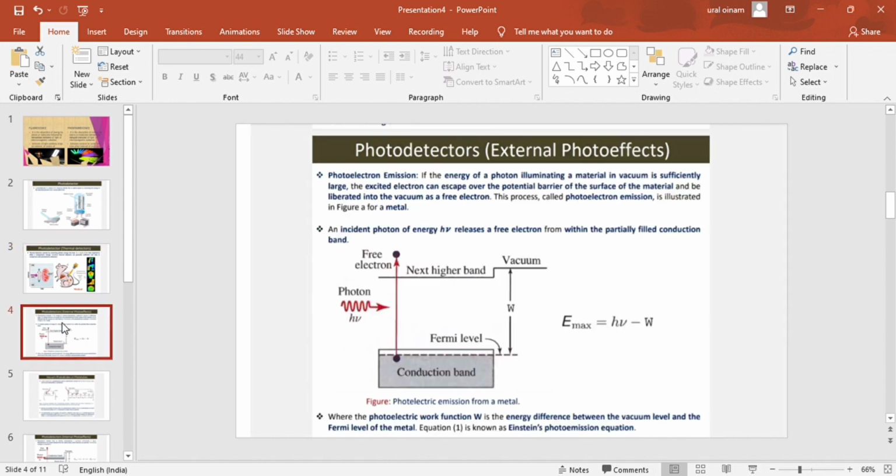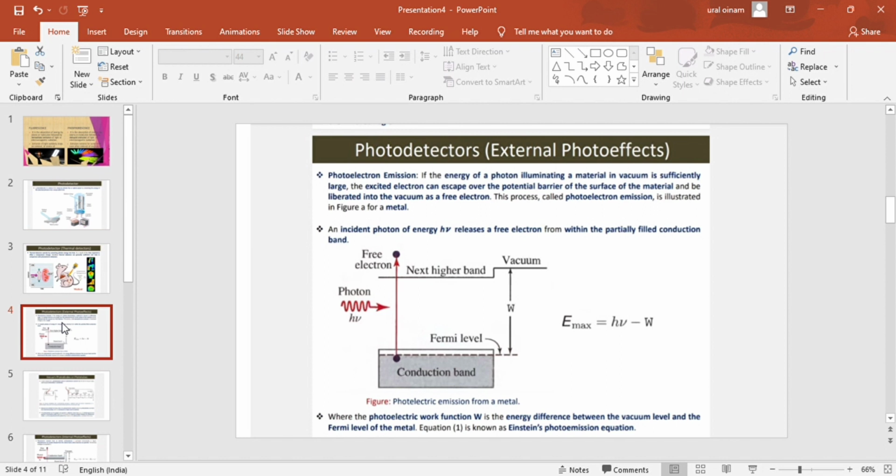So photodetectors are usually of two types. One is the external photodetector, and one is the internal photodetector. So what is an external photodetector? We have this concept of the valence band and the conduction band. When any material absorbs energy, it excites the electron from the valence band to the conduction band.